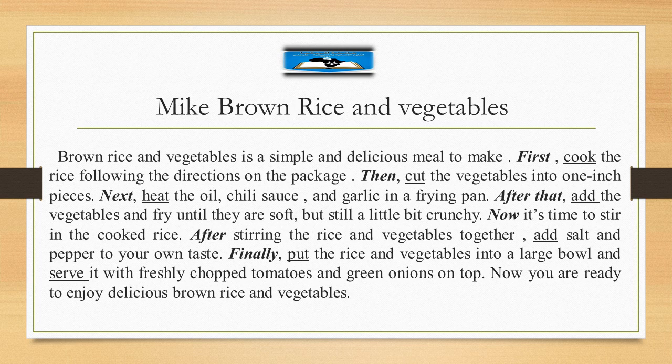So here, we are given the directions on how to cook the brown rice with vegetables, and as you can see, all the verbs cook, cut, heat, serve, put, add, they're all in the imperative form because they are directed to you, okay?